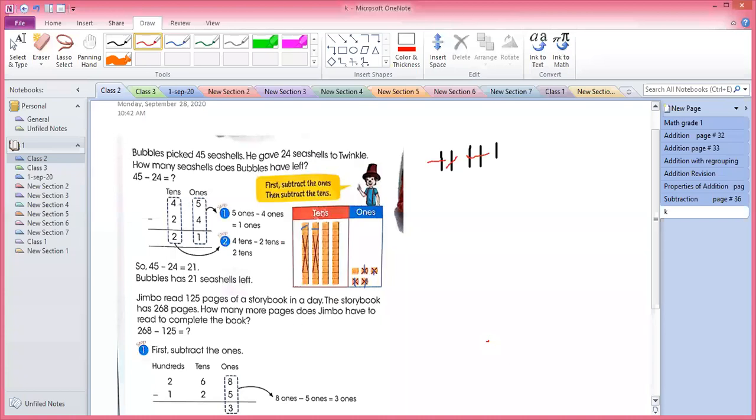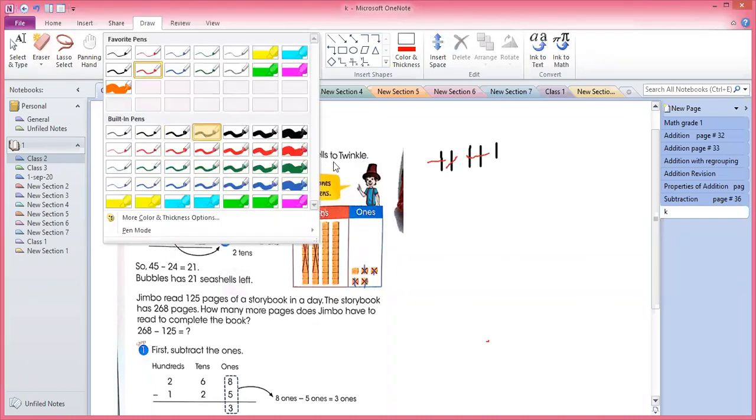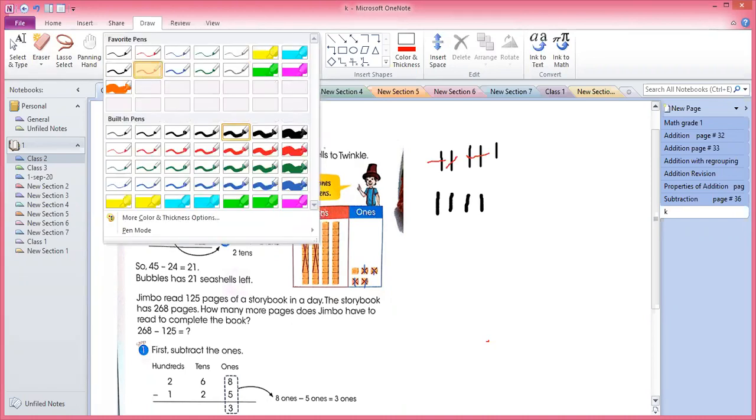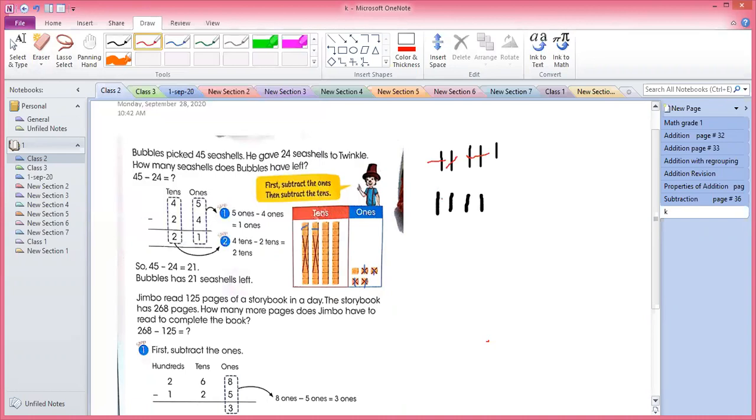Same for the tens, you will first draw 4 lines. 1, 2, 3, and 4. How many do you need to minus? 2. So I will cut out 2. 1, 2. How many tens are left? Only 2. So I will write 2. In that way, you can also do it.